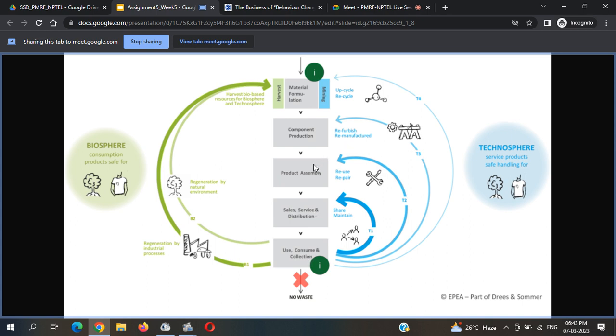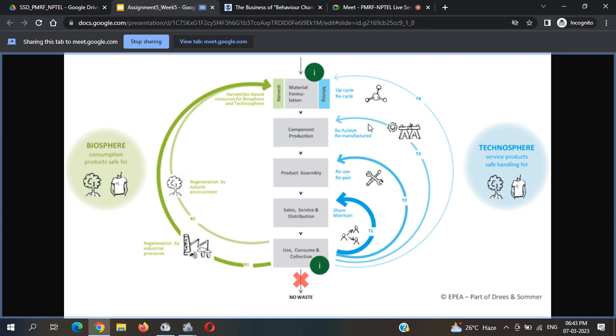Or it can go to product assembly. So reuse and repair can come under this. For example, some part of a product is not usable anymore, so it can then go back to the product assembly stage, where it can be repaired and made available to be reused by either the same end user, or even for another end user.